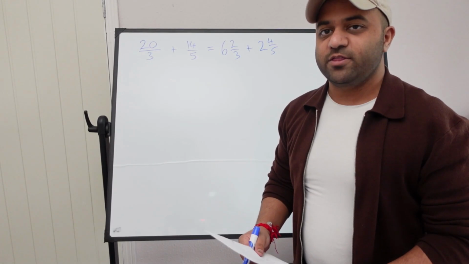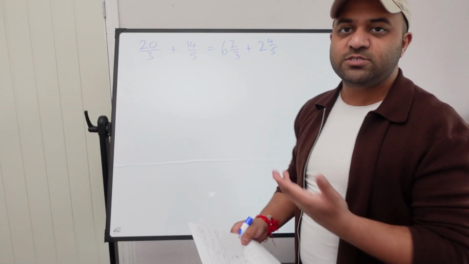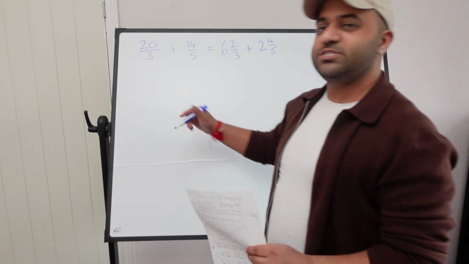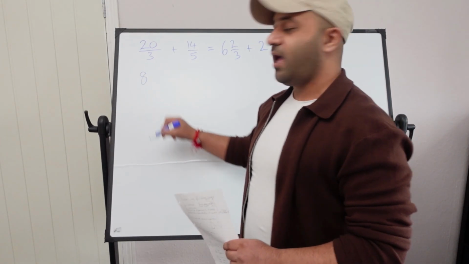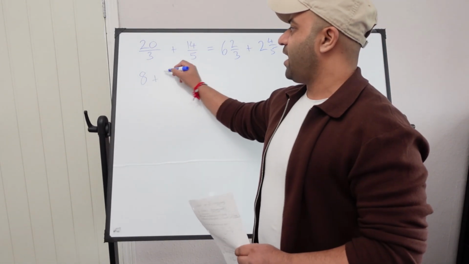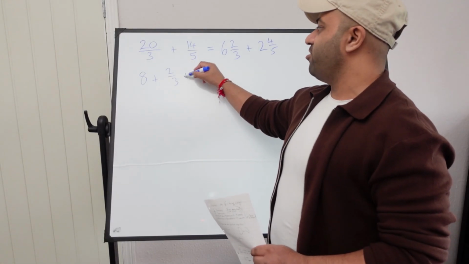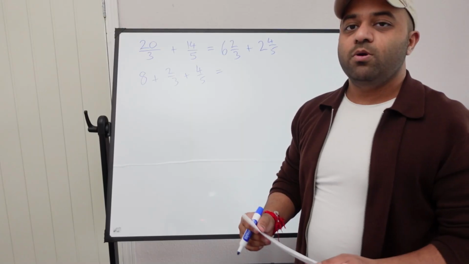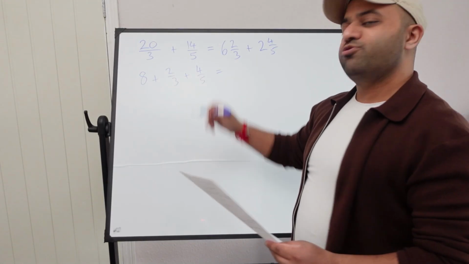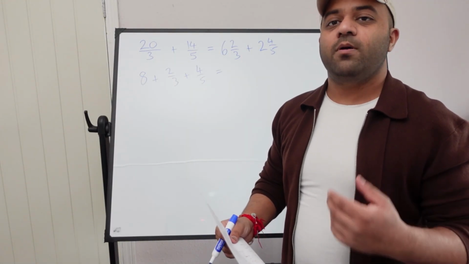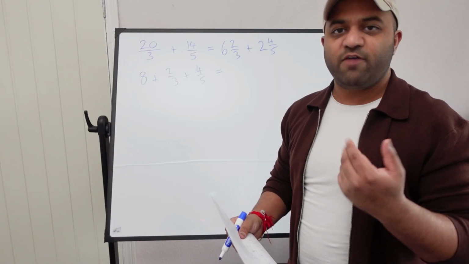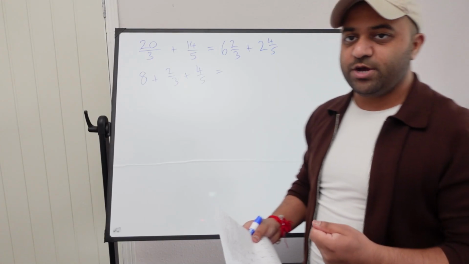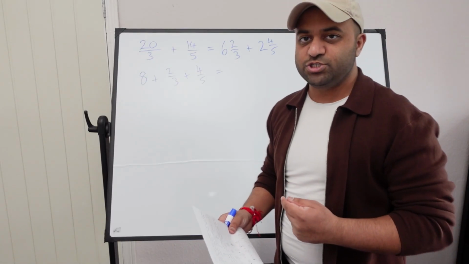So by doing this, we can then separate the whole numbers from the fractions. So we can add the 6 and the 2 together to give an 8, and then we can add the 2/3 with the 4/5. So these fractions, 2/3 and 4/5, are proper fractions, therefore smaller numbers on the top, making the addition much easier compared to the original question.